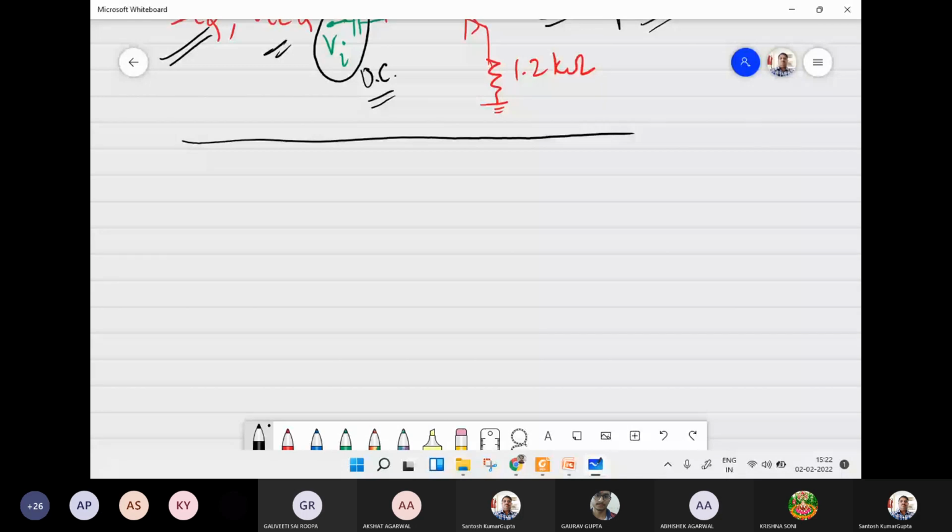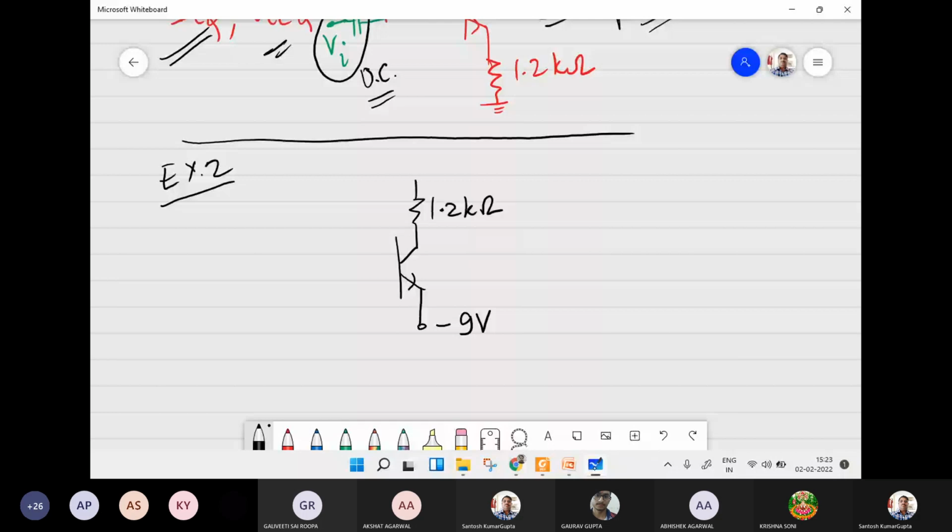For an example here, let us look at this circuit. Suppose we have a transistor, and at the emitter here, instead of grounding it, one is applying a voltage of minus 9 volts. RC is 1.2 kilo ohms, say, and this is grounded instead.